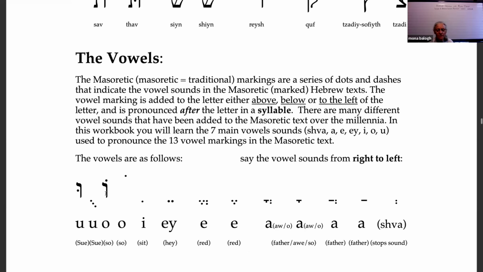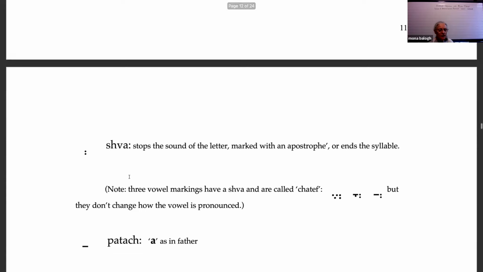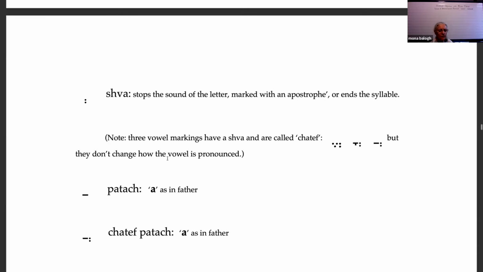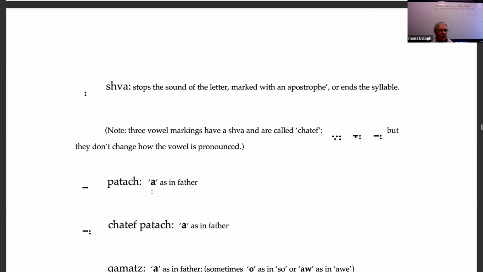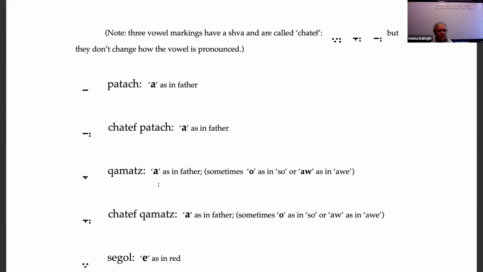And the vowels. All right, let's just go down here because it names the vowels. Okay, this is the shva. It stops the sound of the letter. Patach, a. Chatef patach, a. Kamatz, a. Sometimes o or all. Chatef kamatz, a.